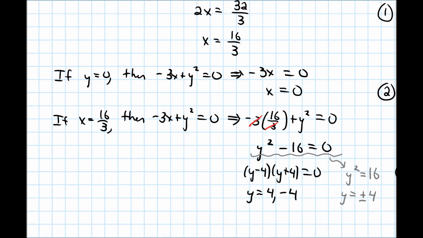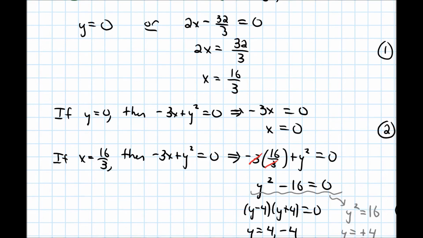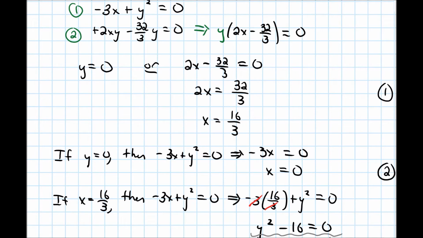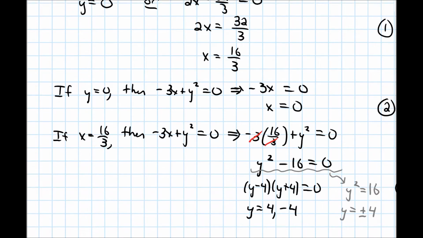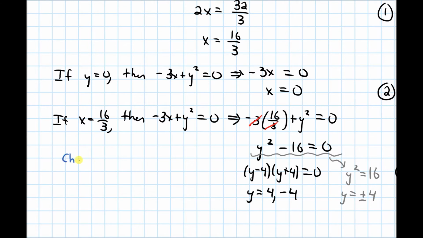So we had plugged in y equals 0 and x equals 16 over 3 into the first equation. It's a good idea for you to just verify that they also satisfy the second one. So check. Turns out that they all do. Check that these satisfy equation 2. It turns out they do.